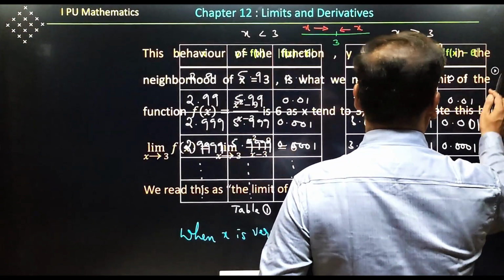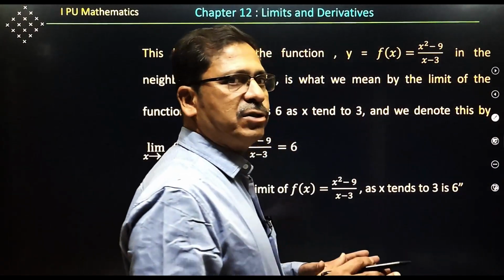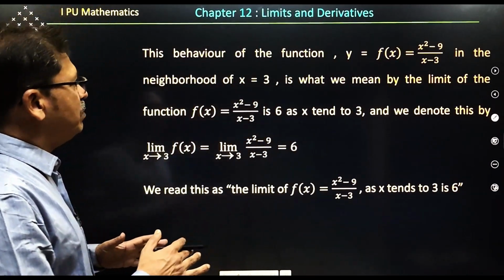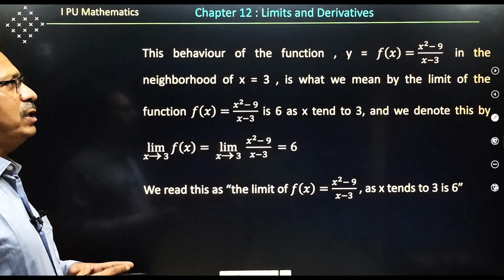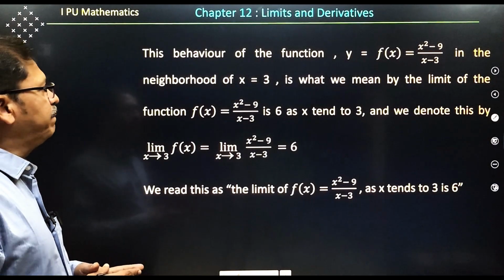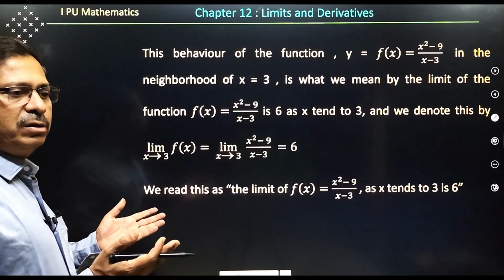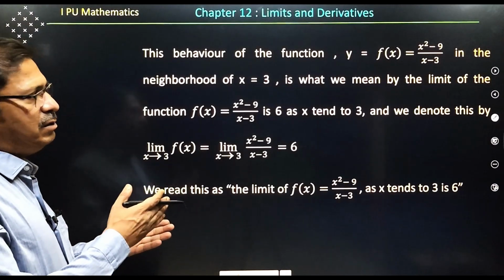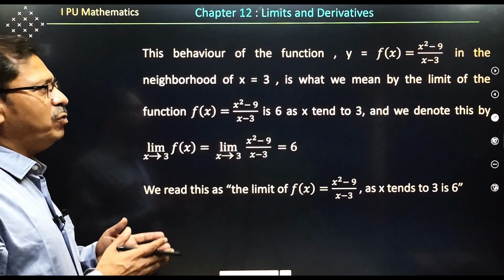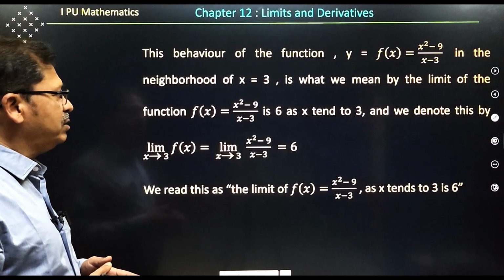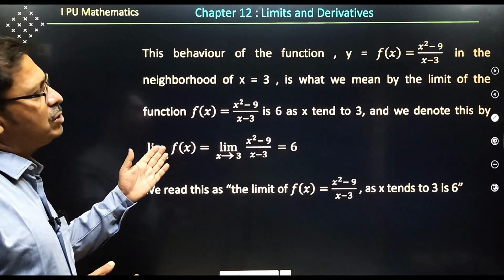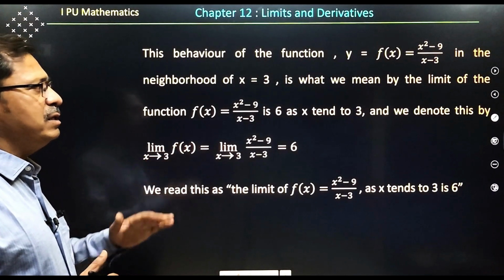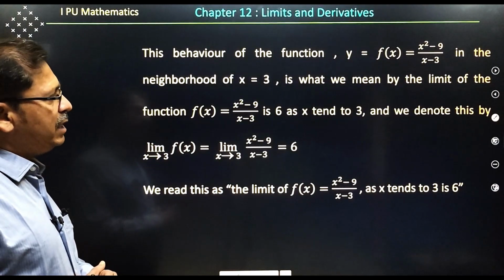Let us observe some content I have taken already. Please concentrate. This behavior of the function f(x) equal to x square minus 9 divided by x minus 3, in the neighborhood, side by side, less than 3 and greater than 3, is what we mean by saying the limit of the function f(x) equal to x square minus 9 divided by x minus 3 is 6 as x tends to 3.